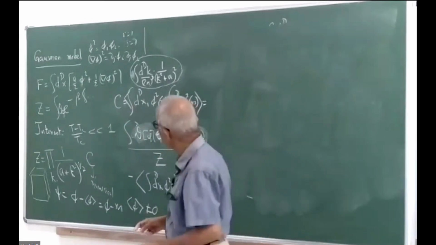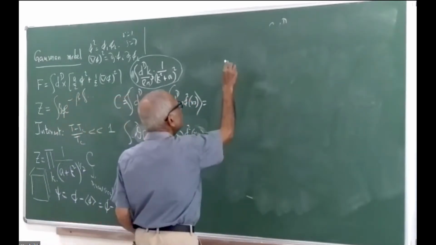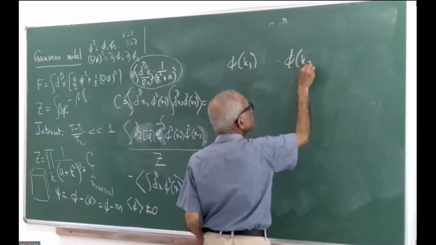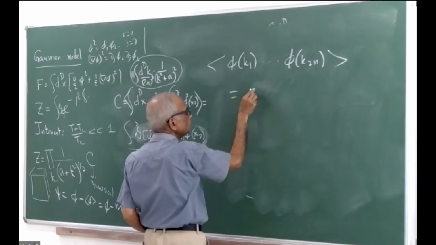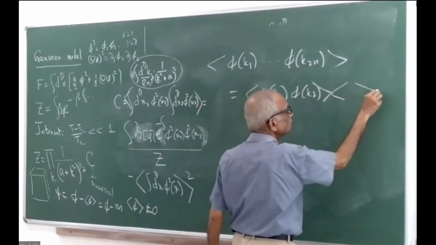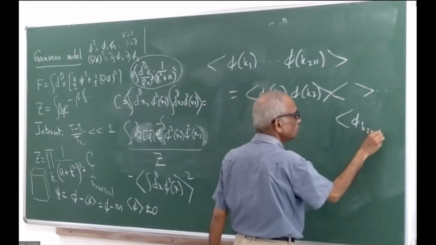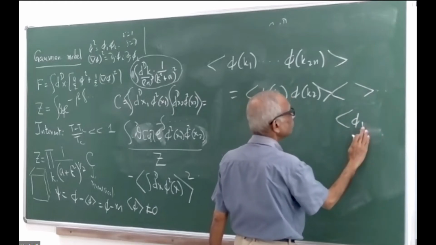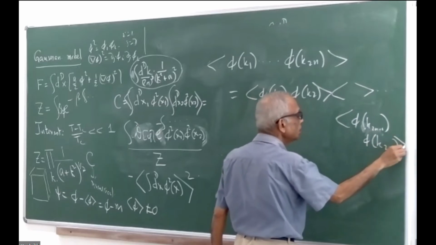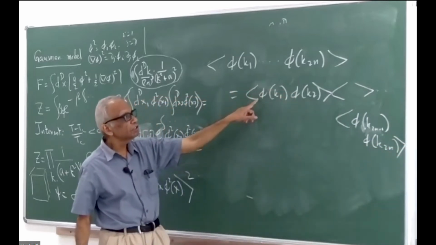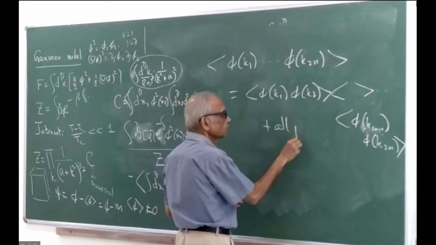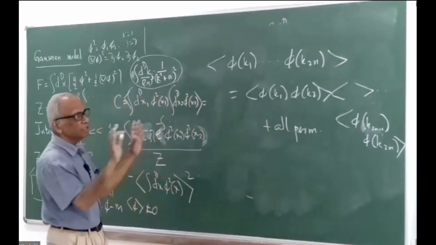I need to know what is the answer for the correlation function, and that breaks up into phi k1, phi k2, up to phi k2n minus 1, phi k2n, and then you would have all the possible permutations that this goes with, for example, maybe the third one and so on, plus all the permutations. So that is the answer.